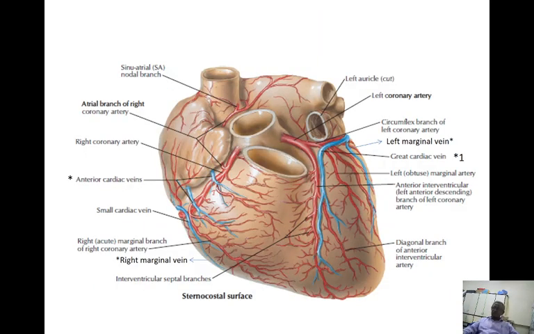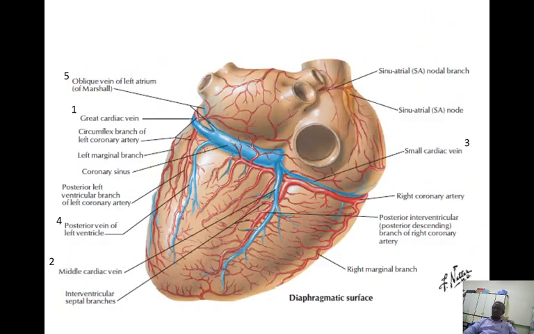So this great cardiac vein starts from the apex of the heart and travels in the anterior interventricular groove and turns to the left, and just at the edge where it is turning to the left, the left marginal vein joins it, and then it joins the beginning of the coronary sinus.